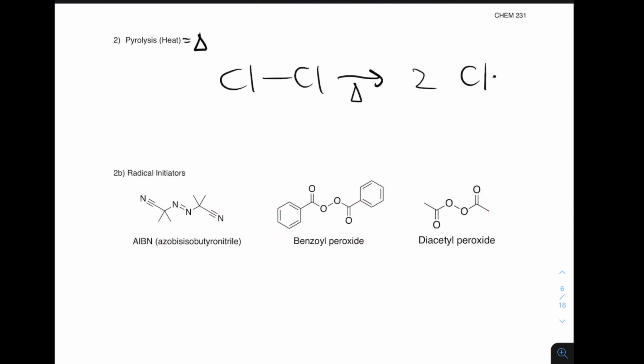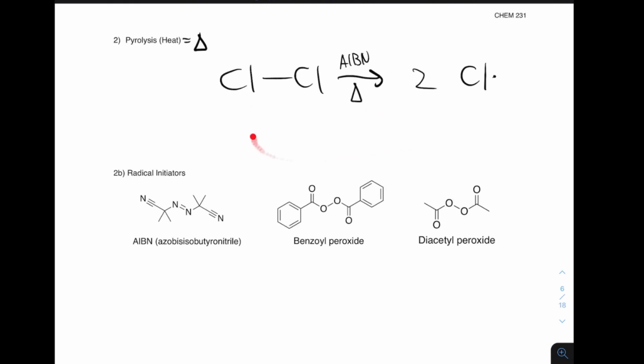It is a little bit complicated, especially in the case with this azo compound, which just means nitrogen double bonded to nitrogen. But typically you will just see this over a reaction arrow. And this just means that the heat is helping with the radical initiator to make the radical reaction happen.